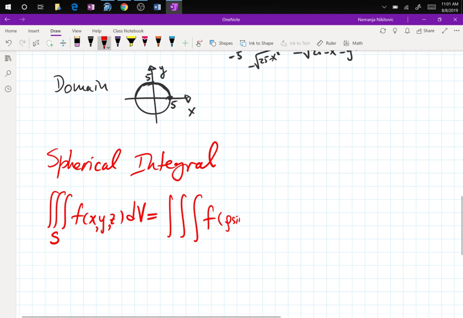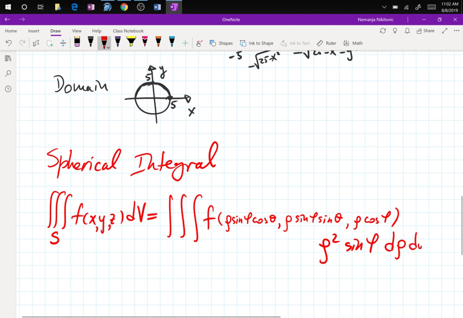So rho sine phi cosine theta, so that's converting x. Rho sine phi sine theta, rho cosine phi, and then rho squared sine phi d rho d phi d theta.